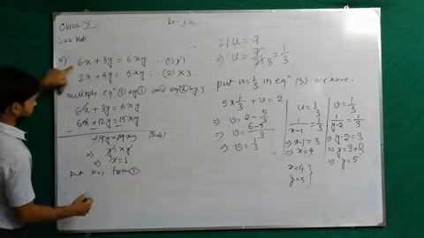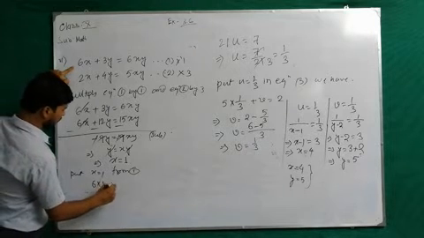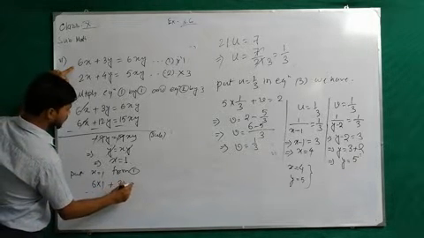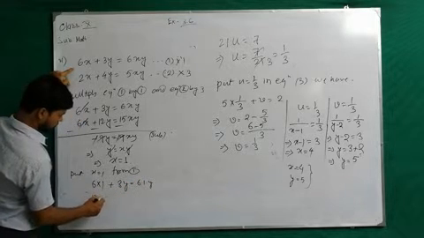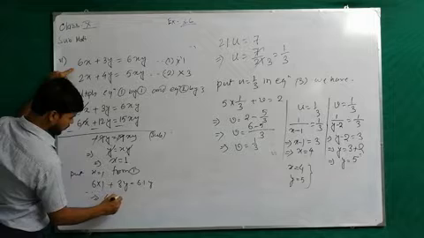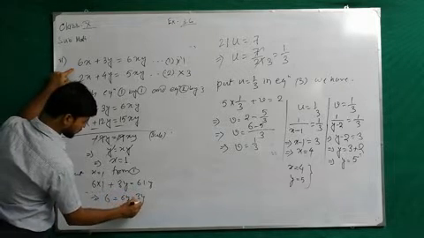first equation we have 6 into x, which is equal to 1, plus 3 into y is equal to 6 into 1 into y. That means 6 equal to 6y minus 3y.